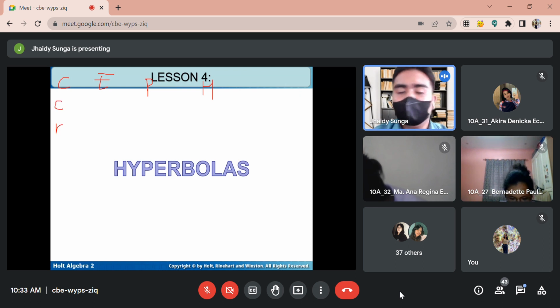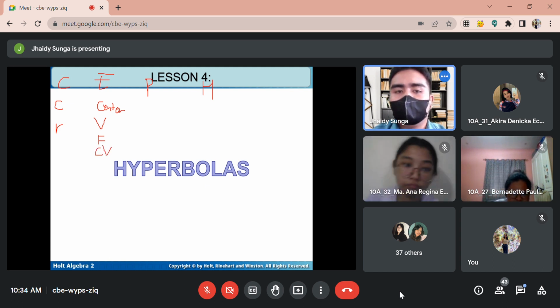Okay. So in ellipse, what you need in here is the center. You put center, not C, because C is different. Center, the vertices, the foci, the co-vertices, okay?